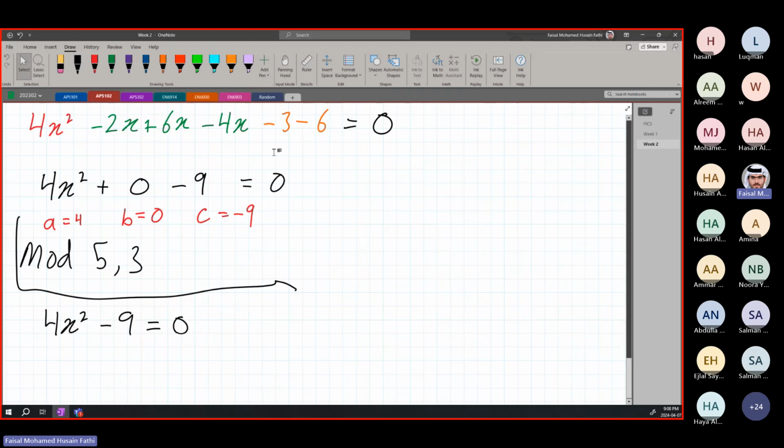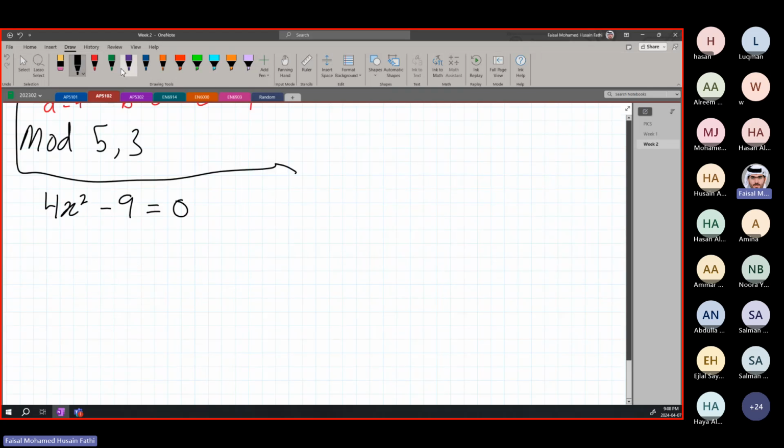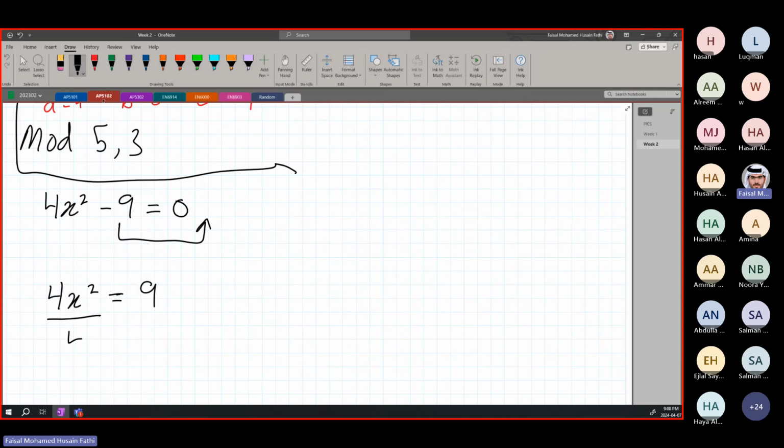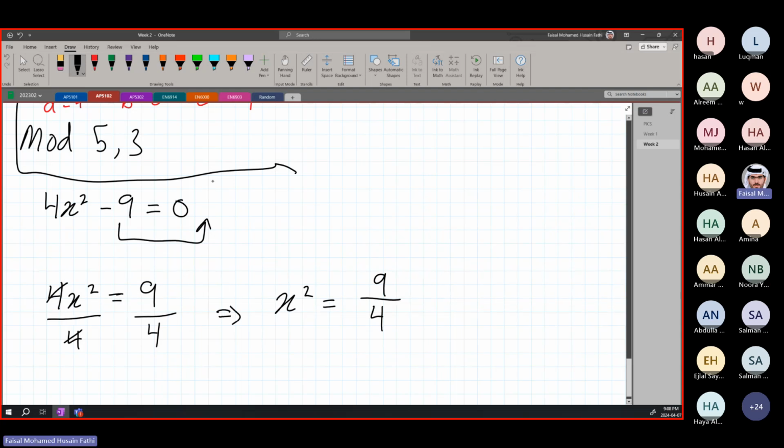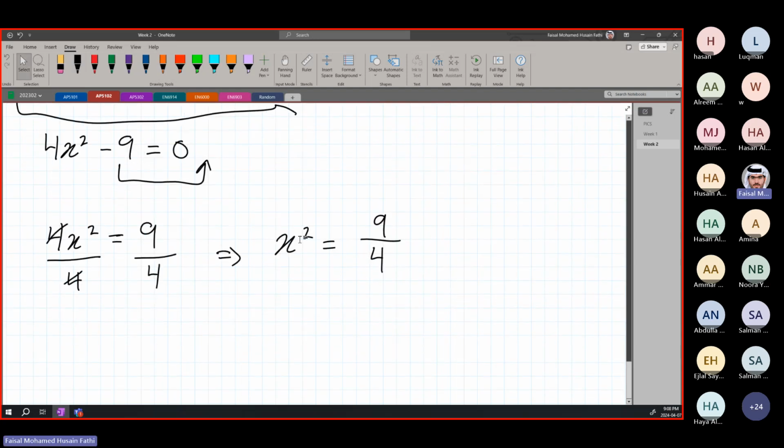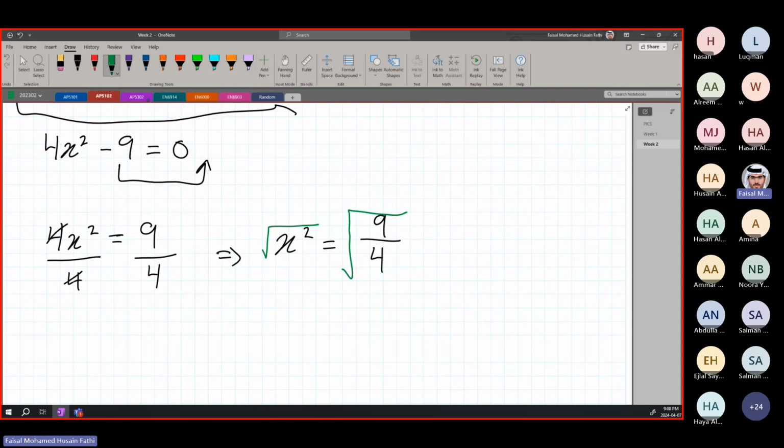If we don't want to use mode 5.3, 4x squared minus 9 is equal to 0. We will take the minus 9 to the other side. So it's going to be 4x squared is equal to 9. We are going to divide by 4 on both sides, and 4 and 4 will cancel here. So we're left with x squared is equal to 9 over 4. And now to get rid of the square on x squared when it's by itself, we can simply introduce a square root on both sides of the equation.